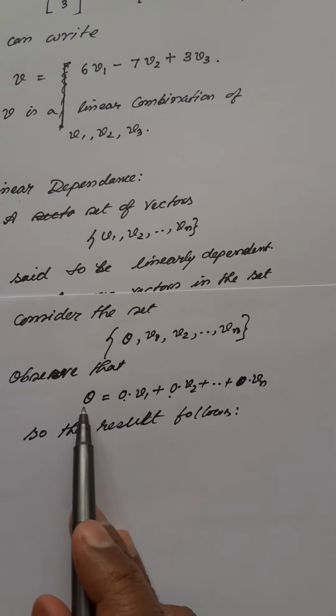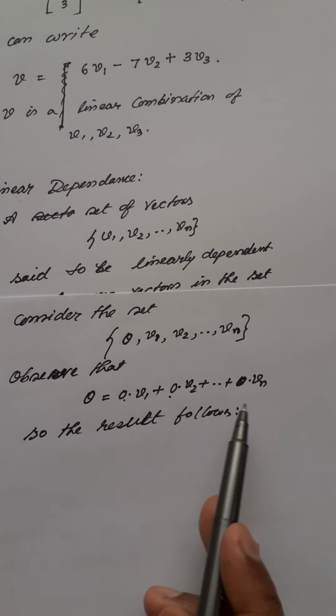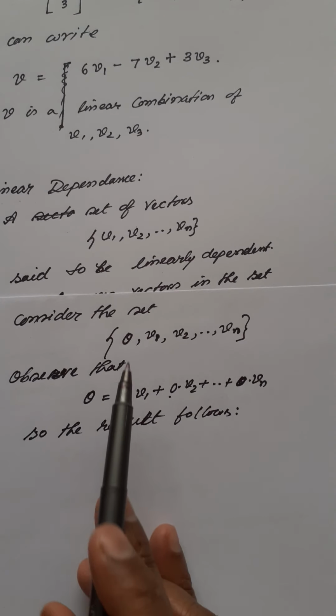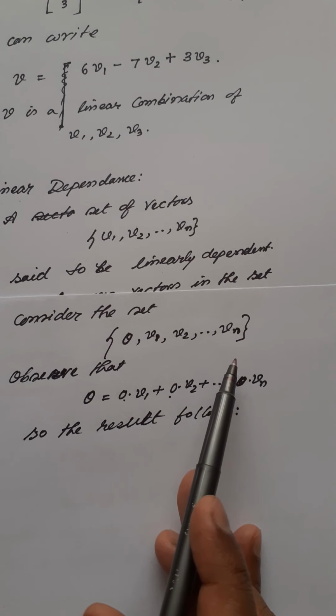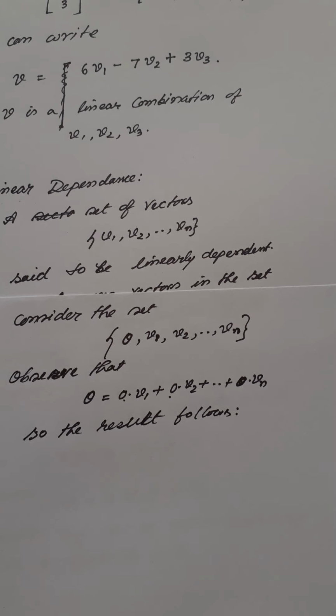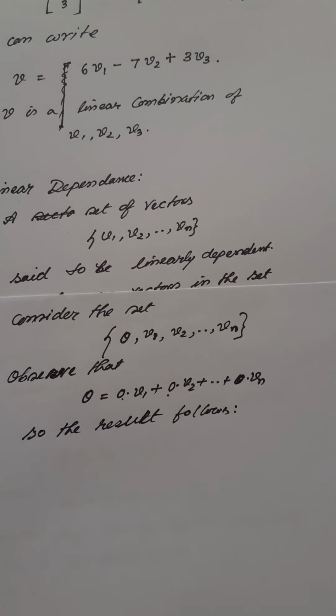Any zero vector can be expressed as a linear combination of any set of vectors. That's why if the zero vector is a member of a set, then that set is linearly dependent. You can note this as a quiz question: if I have a set of vectors and the zero vector is a member of that set, then that set is always going to be linearly dependent.